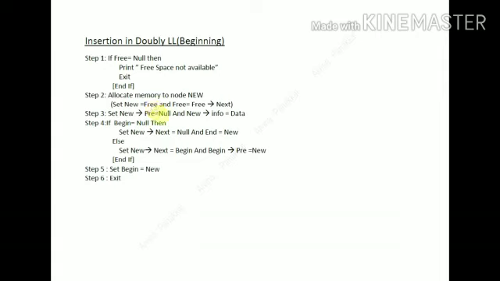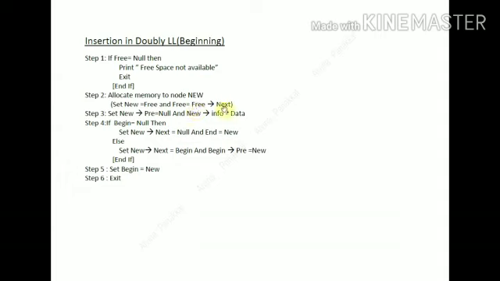So the address that is stored in free is stored into the variable new. That means that particular node is assigned as our new node. And free equal to free next. The next address of the free node that is available, we will store into this free. Now we will move on to step 3.